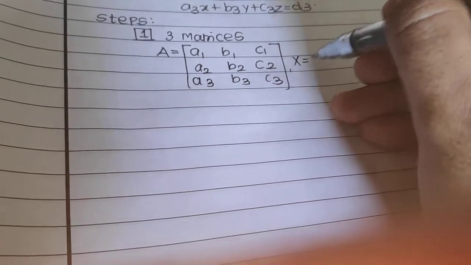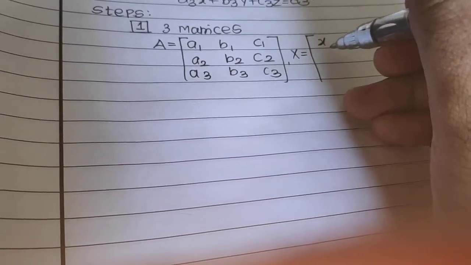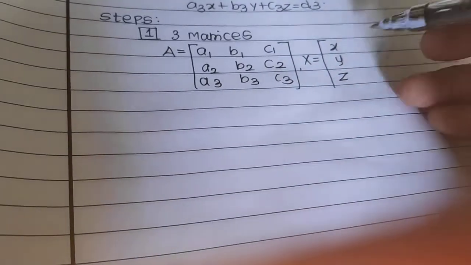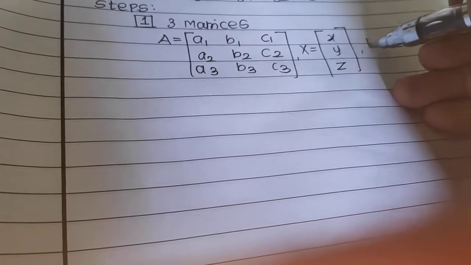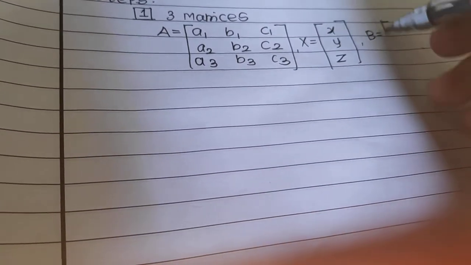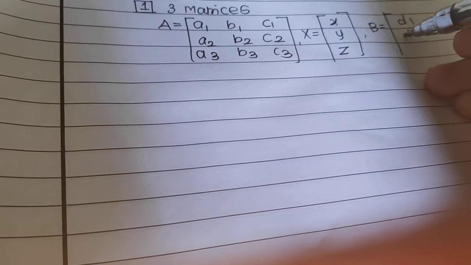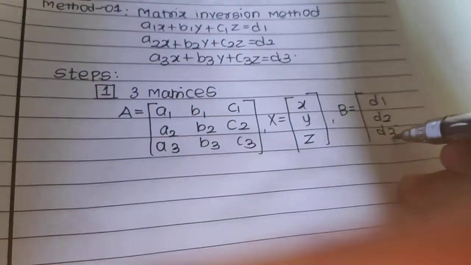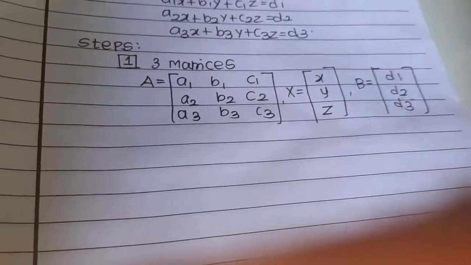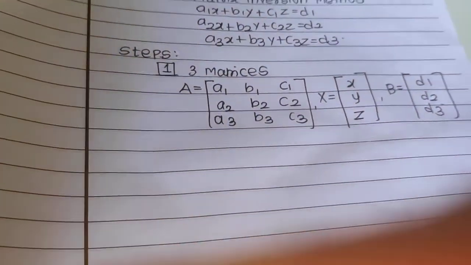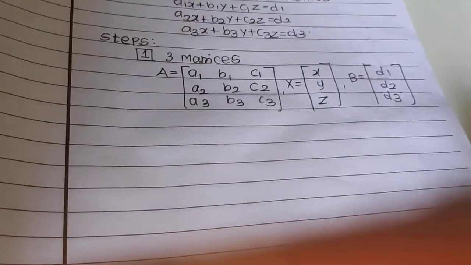Then you consider matrix X, which is x, y, z. Then you take matrix B, which is d1, d2 and d3. You always consider 3 matrices like this: A, X and B.